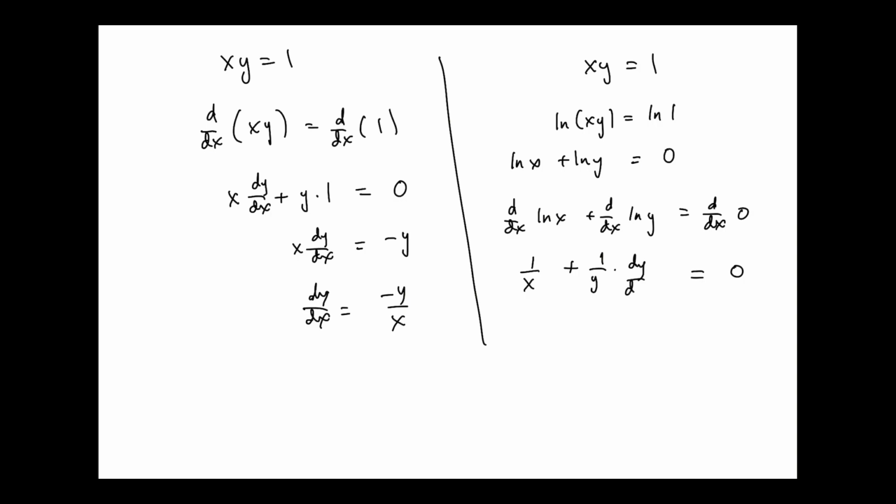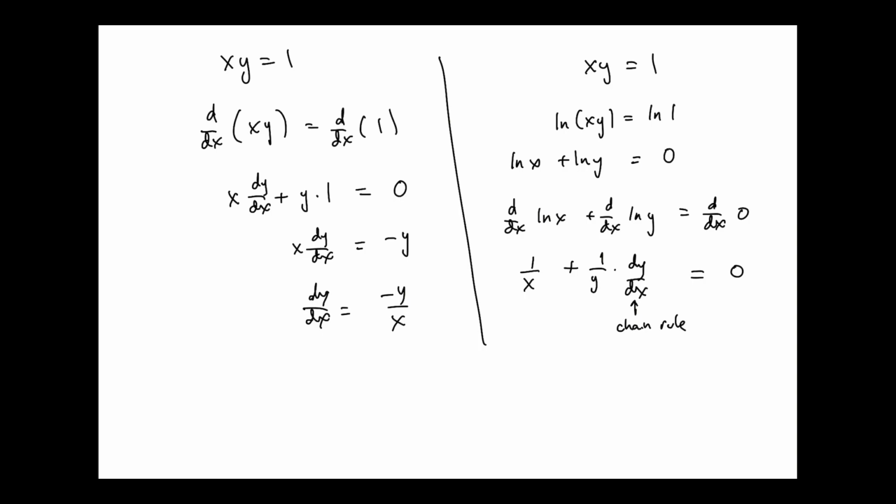So what was the derivative of log of some stuff? 1 over the stuff times the derivative of the stuff. Why did we have to multiply by the derivative of the stuff? Because of the chain rule.